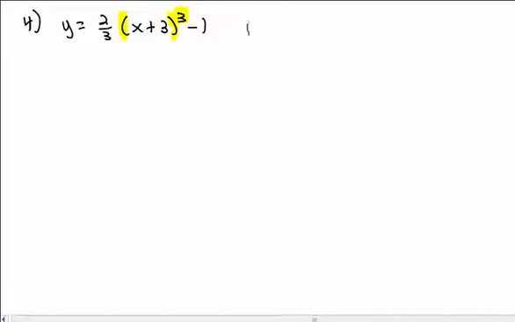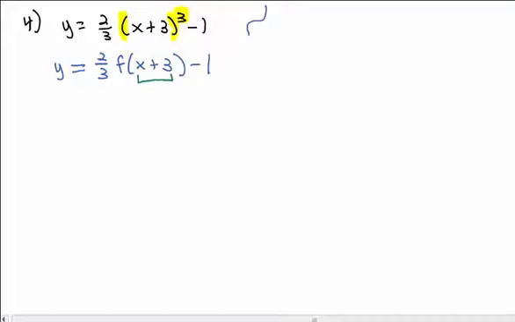It is a cubic function, which we know looks something like that. So we're going to make f represent the cubed part. And inside the cubed part is the x plus 3. Outside of the cubed part is the 2/3 times the function minus 1. This then becomes the function we're going to translate, transform, and move.